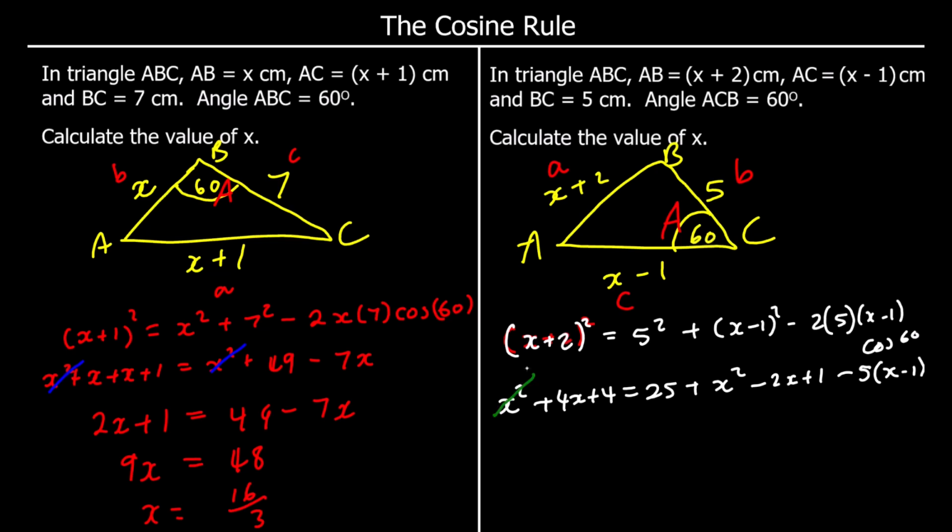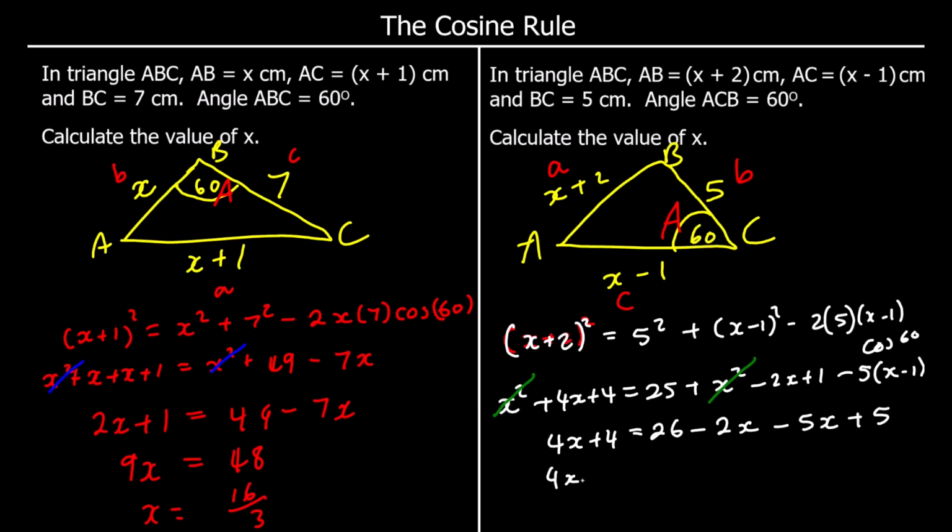Let's take x squared away from both sides, just to simplify it a bit for now. 4x plus 4. We've got 25 plus 1, which is 26, minus 2x, and expanding this bracket, minus 5x plus 5.